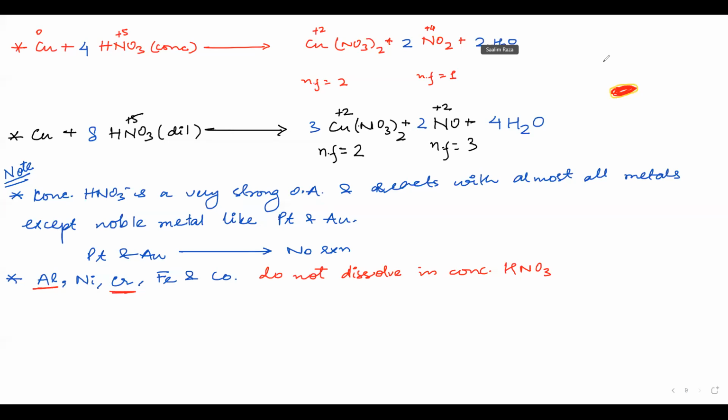Now, this surface is Al2O3, which does not react with HNO3. Now, if the film is not reacting, the inside part will be safe. So that is why all of these metals form a kind of film and do not dissolve in concentrated HNO3.